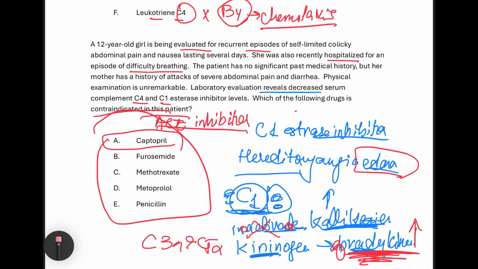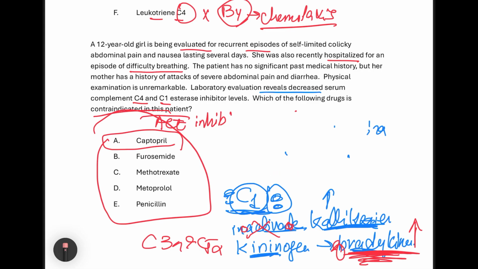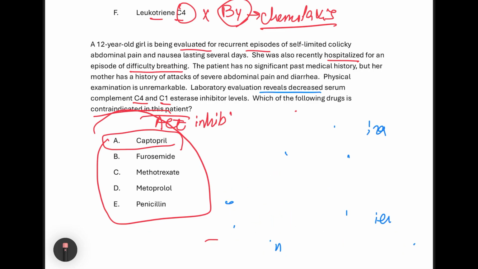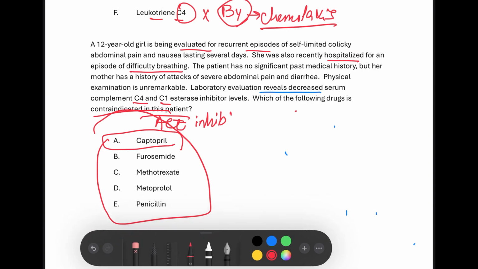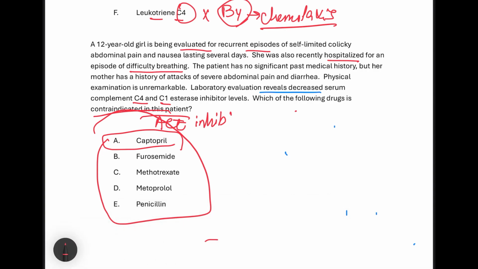Again, I will give you one elaboration of how the bradykinin level will be increased by ACE inhibitors. Firstly, kininogen is converted into bradykinin by one enzyme, that is kallikrein.